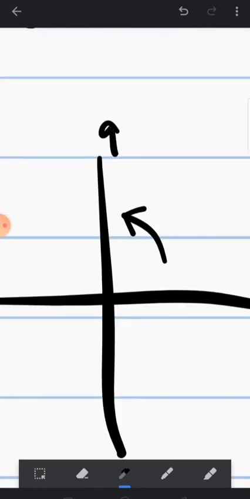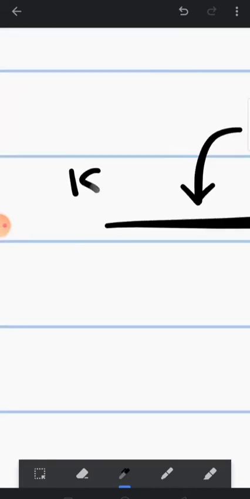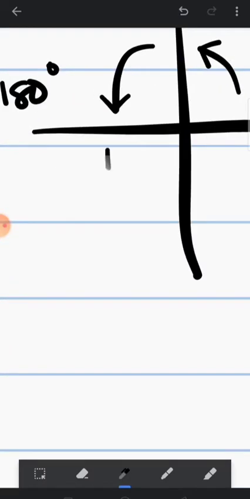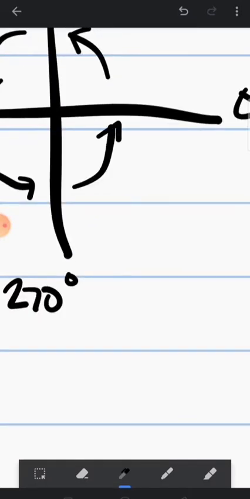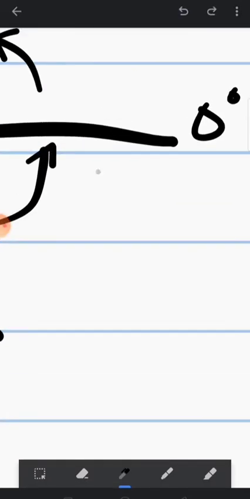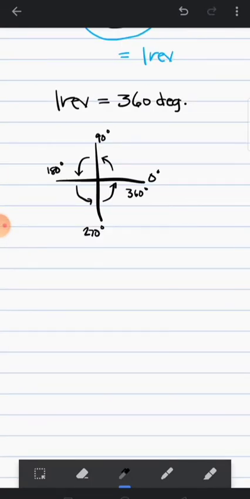This would be 90 degrees. Then if you continue to turn, it would become 180 degrees. Then 270 until you get to 360 degrees. So that's one revolution in terms of degrees.